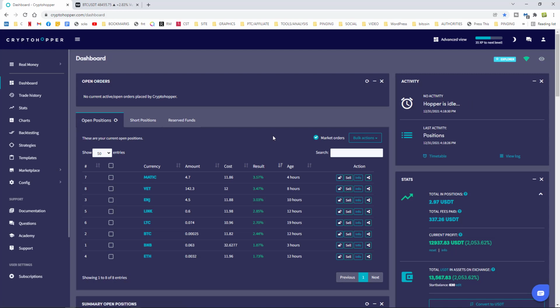You don't have to sit there all day long staring at the screen. That would be pointless. The whole point of having an automated bot is so that you don't have to stare at charts all day, and you can still make money on autopilot. It's not always perfect. Sometimes you have to change settings around.